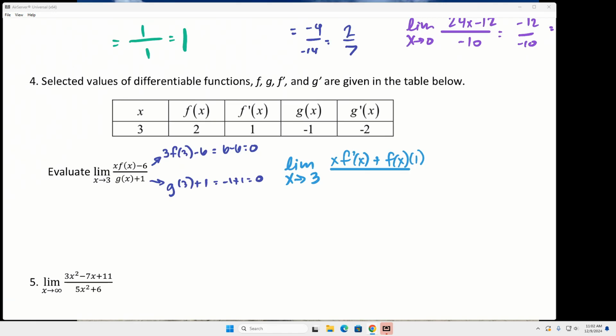Do I need to worry about that -6 when I find the derivative? Alright, and then same thing in the denominator. I would do g prime of x, but I don't need to worry about 1.